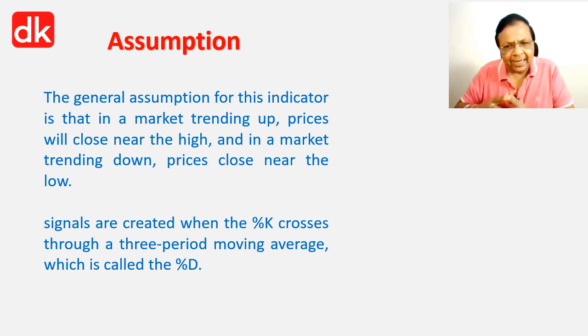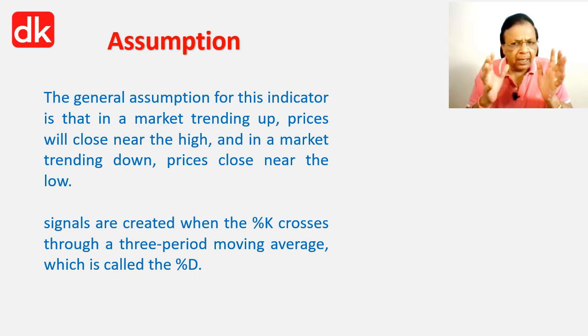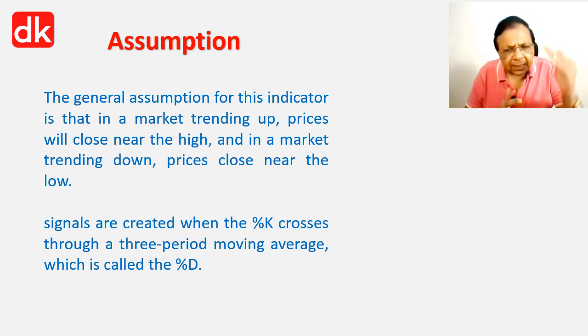Or when the market is trending down, in the oversold area, when the crossover takes place, it will either indicate the pullback or will indicate the correction is over. Now let us understand very, very clearly, when the market is trending up, stochastic will have a tendency to remain in an overbought area for a long time, and when the market is trending down, it will have a tendency to remain in an oversold area for a longer time.